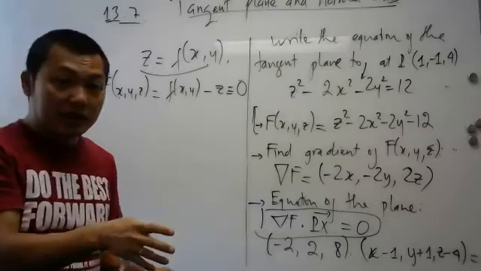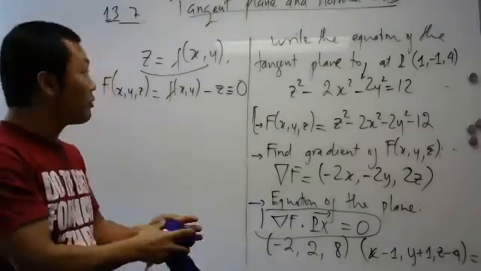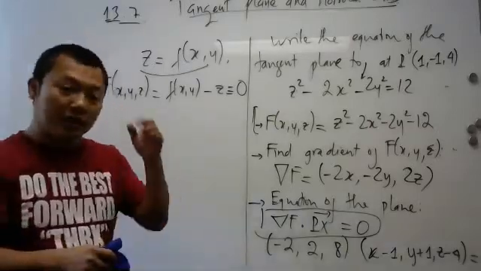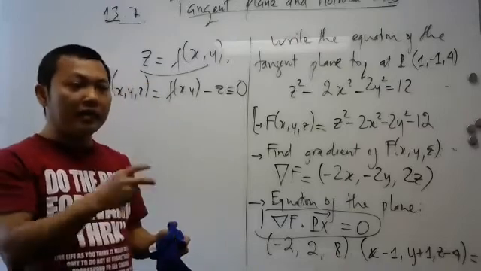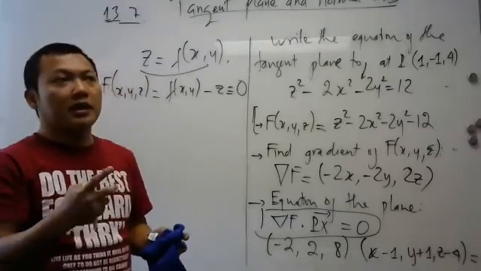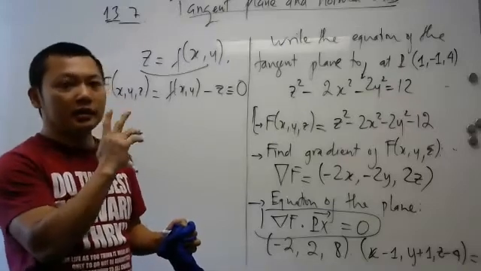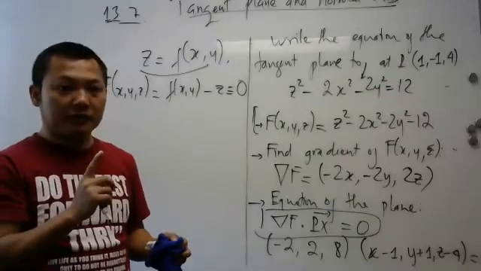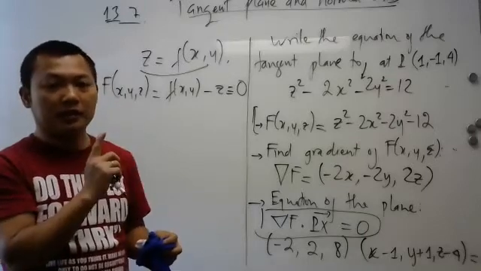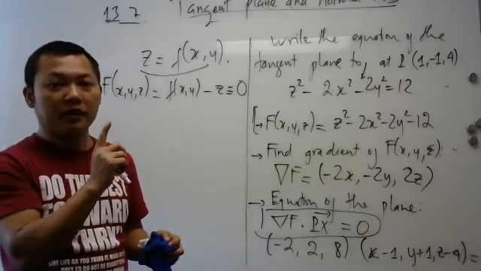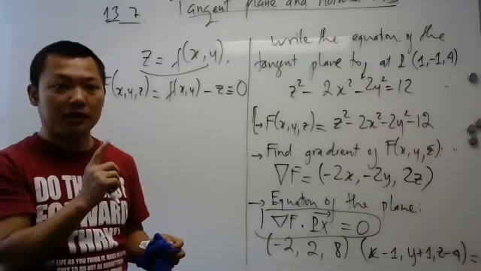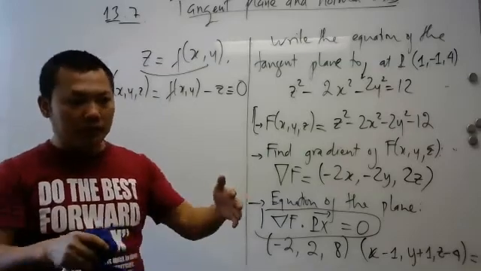Somewhere in the previous sections we studied level curves and gradients, and we had one theorem. It says that the gradient of a function is perpendicular to the level surface or level curves. Do you remember that?